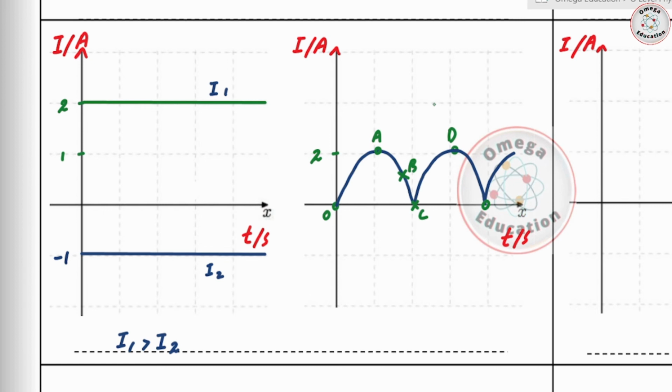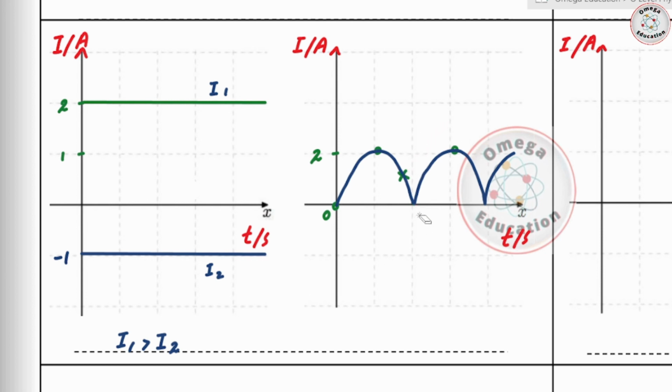So just let me erase these extra ones. All right. Now, with this one, I can also draw another graph. So for instance, the first one is representing I1 above the axis.